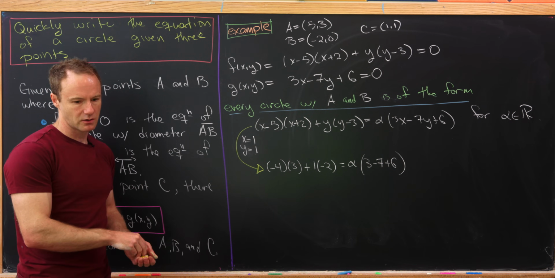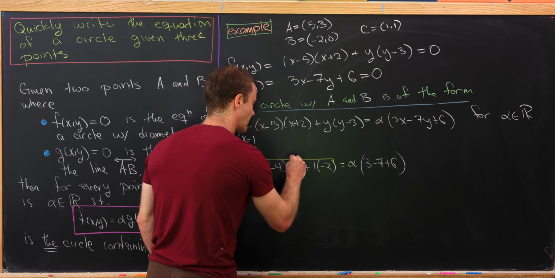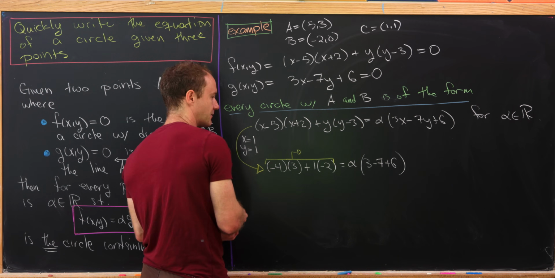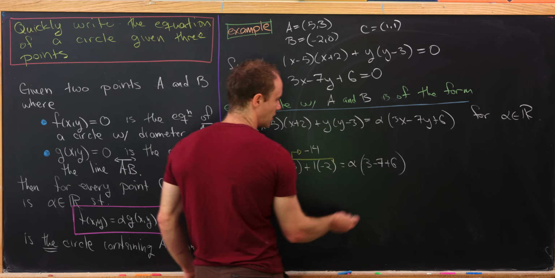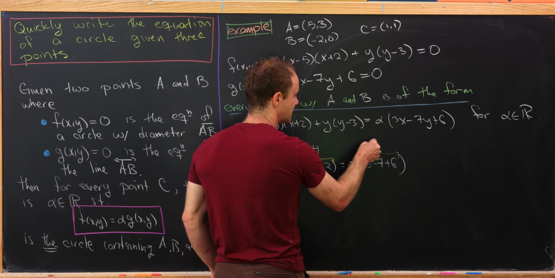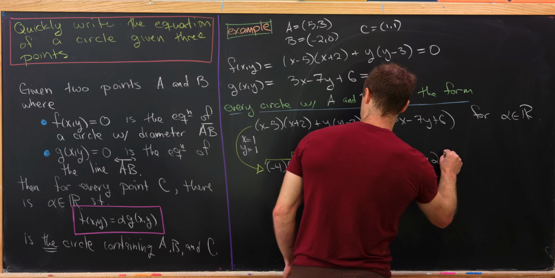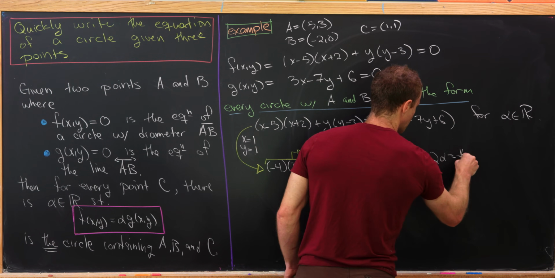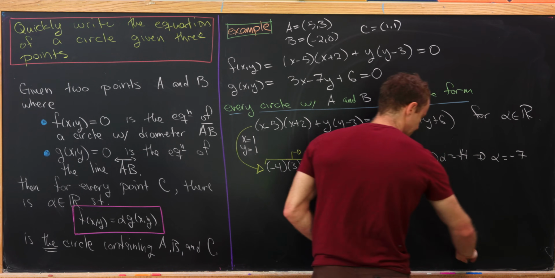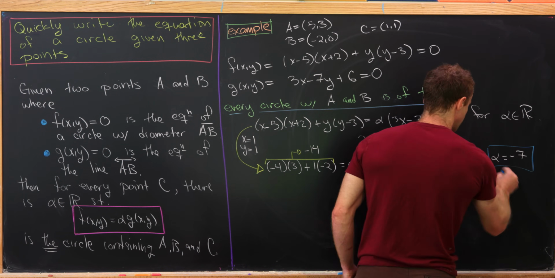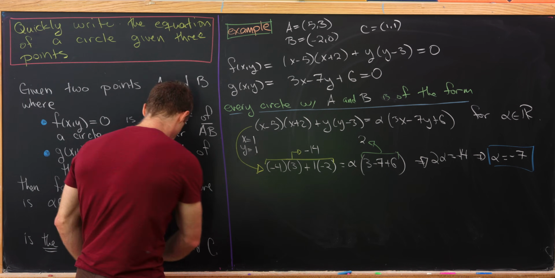Okay, nice. But now let's do a little bit of simplification. All of this stuff on the left-hand side turns into the number -14, and all of this stuff on the right-hand side turns into the number 2. So that gives us this nice equation, 2 alpha equals -14, which means that alpha is equal to -7.